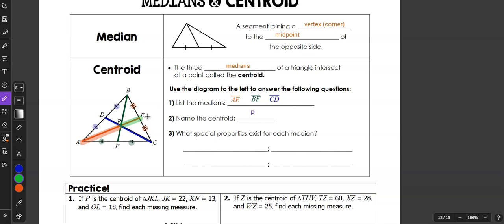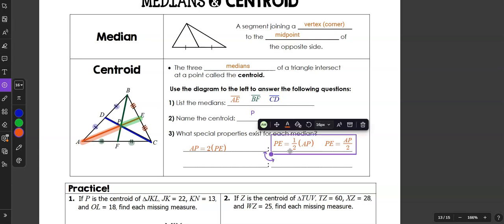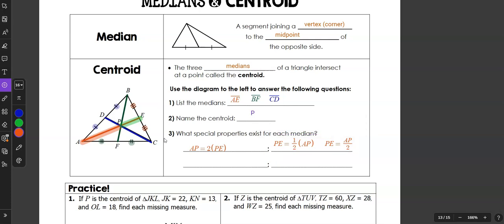Or you could say that PE is half the length of AP. So again, let me go ahead and represent that mathematically. Looking here at our formulas, we see that AP is equal to 2 times PE, or again, AP is twice the length of PE. And here we have PE is equal to 1/2 of AP. You can also represent that as PE is equal to AP over 2.